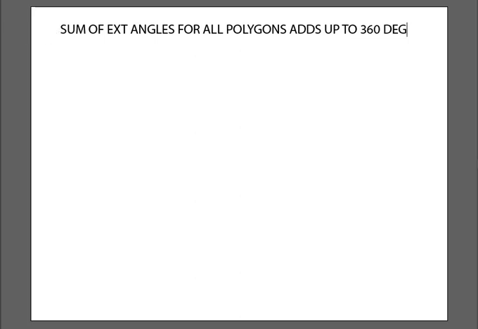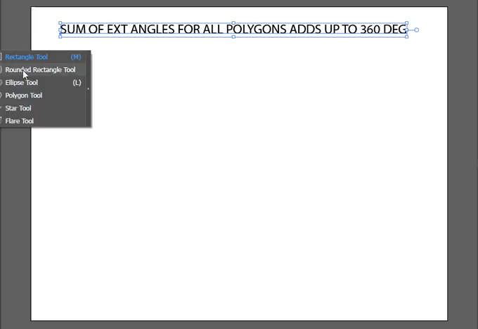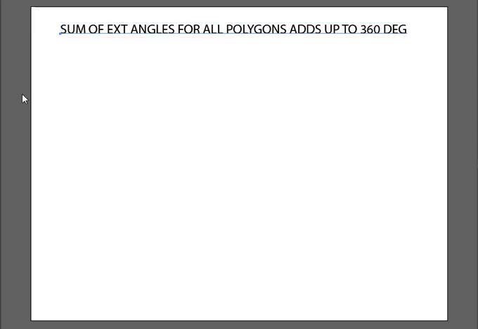Now, with that being said, you can try and draw any sort of polygon, right? I'll start with an easier one, a three-sided polygon. All right, this one is not a three-sided polygon, but it's fine.